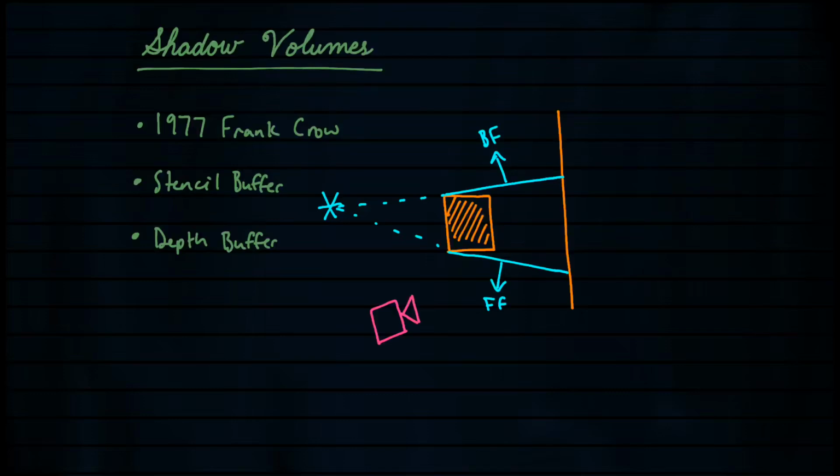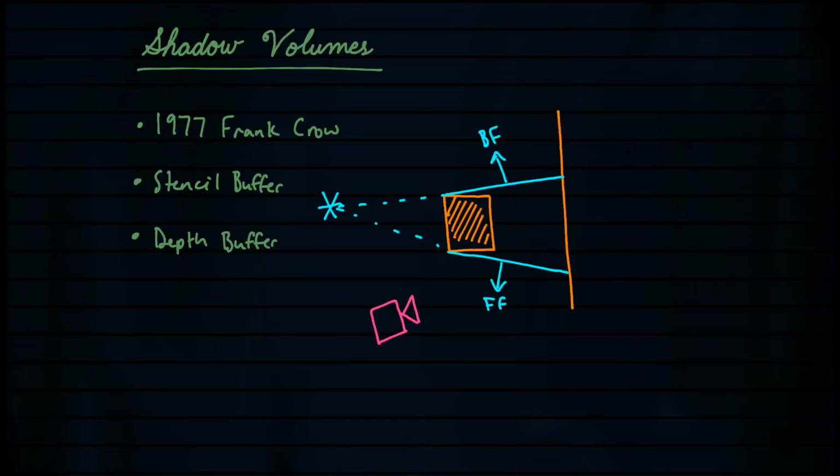The goal is that if we render the front surfaces and back surfaces, then we can count the number of times we see a front-facing and the number of times we see a back-facing. In other words, we're going to see when the light enters the shadow volume and when it leaves the shadow volume. If the surface you're trying to shade has an odd number, in other words, we haven't come out, then we know that area is being shadowed.